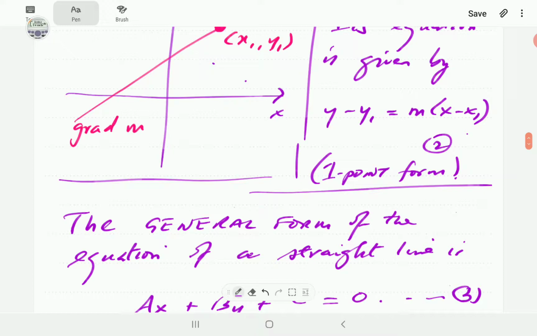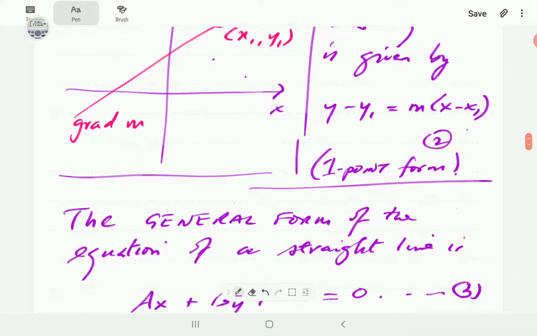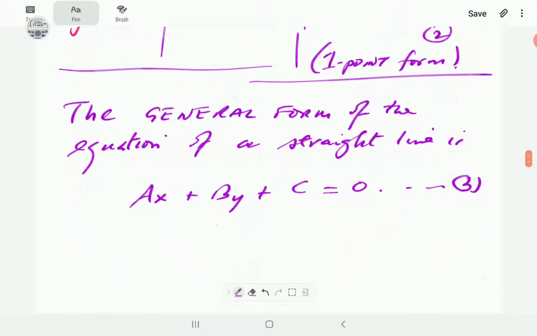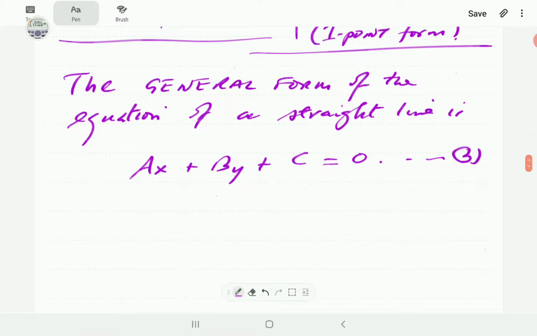In the next video we're going to look through some examples where we use these formulas to find equations of straight lines, and hopefully this video has been enlightening to you.